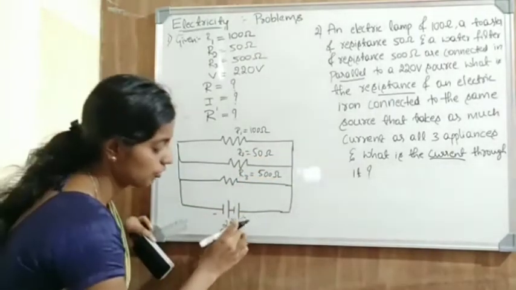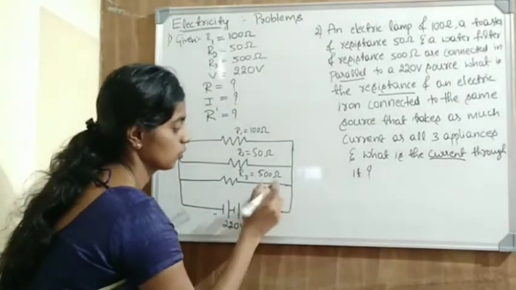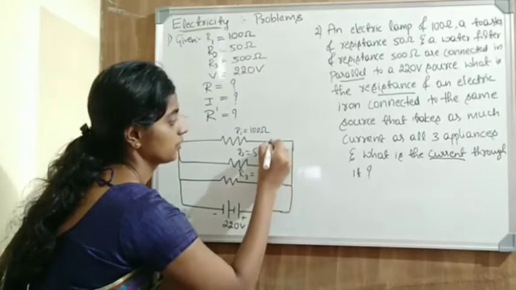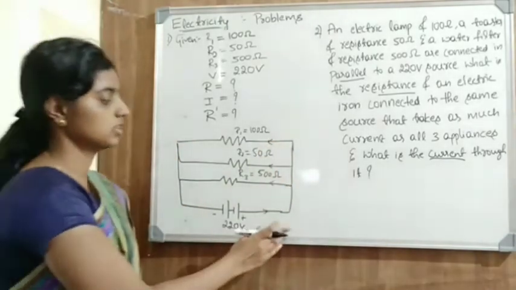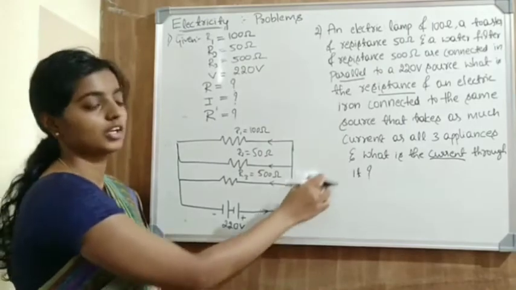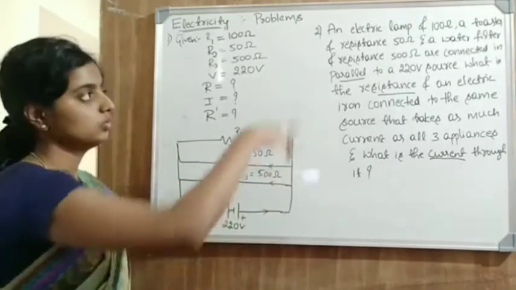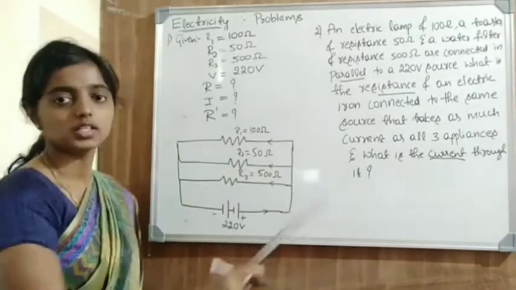Current always flows from positive terminal of the battery, right? So direction it goes like this. So this is our schematic representation of the electric circuit related to this problem, and these are the given things. I will rub this one, you write down the problem or else copy down from the textbook.